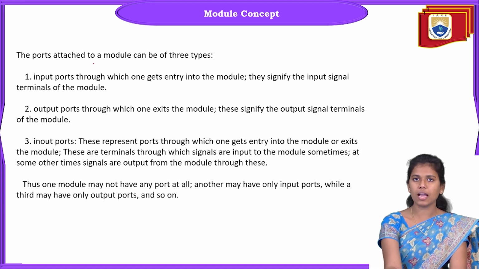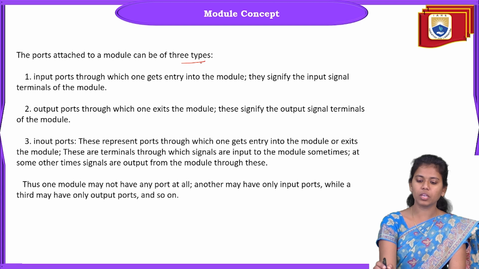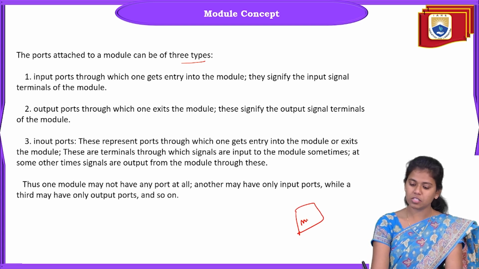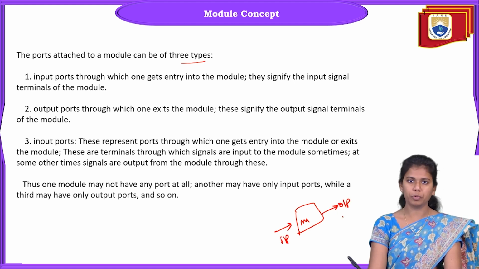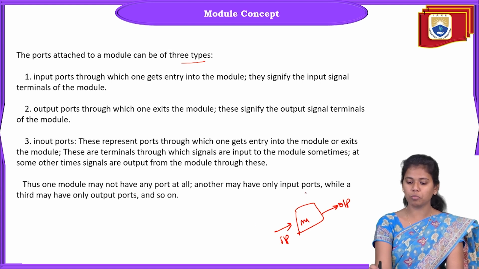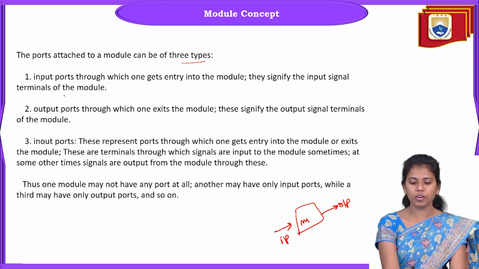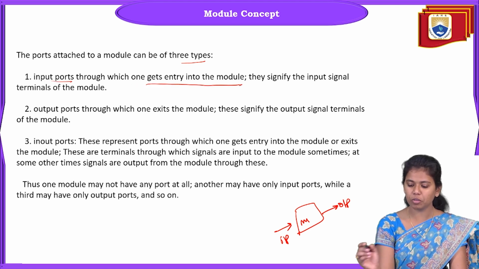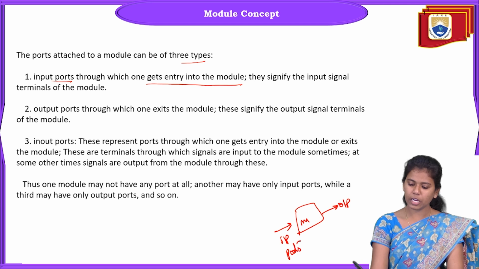The ports attached to a module can be of three types. For example, if this is a module, you have input ports and output ports. The first one is input ports, through which one gets entry into the module. These are the input ports.